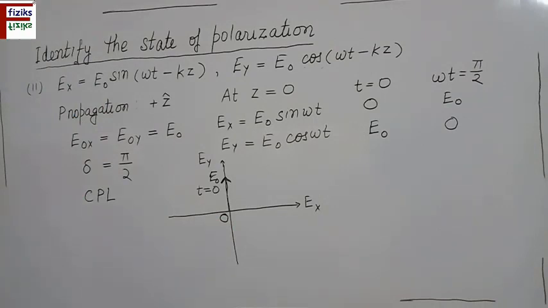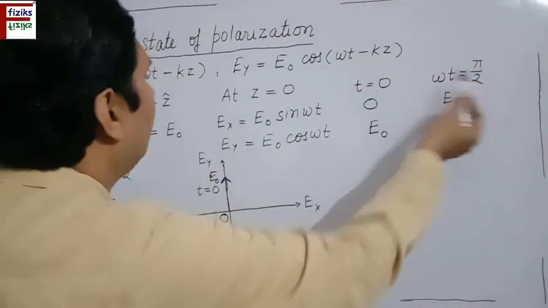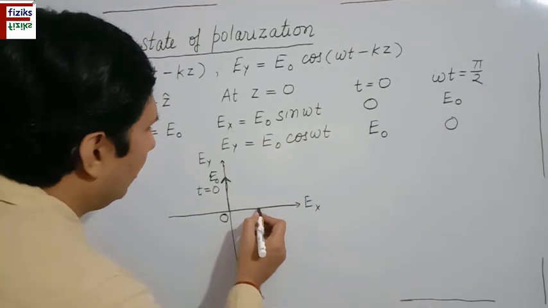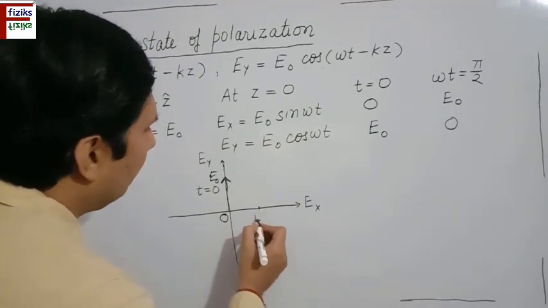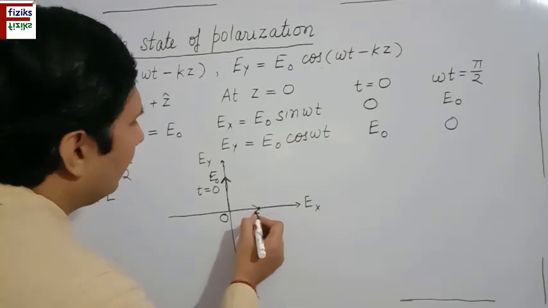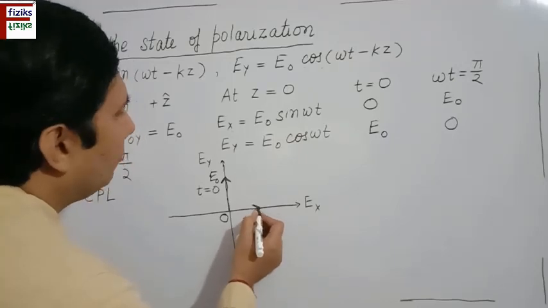Now time is increasing and we are trying to find out the position of this electric vector at omega t equal to pi by 2. At omega t equal to pi by 2, Ex becomes E naught. Suppose E naught is here, and Ey is 0. So the electric vector will be here at this point.